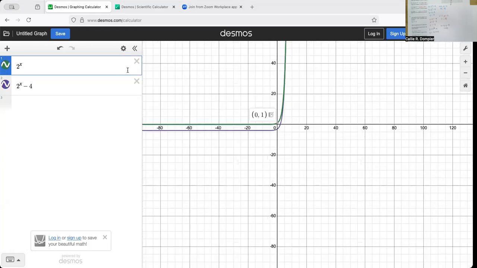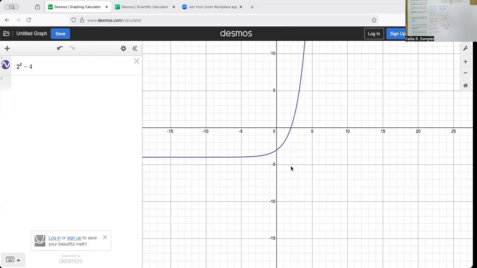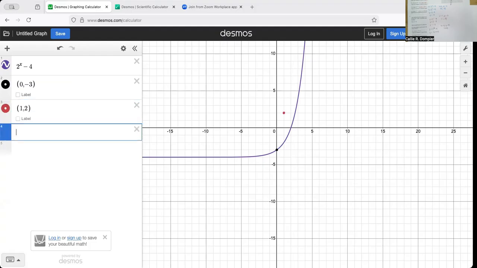Good? All right, so we want to graph something that looks like this and that crosses at the points that we found. So the points that we found are (0, -3), (1, -2), and (2, 0). Good?